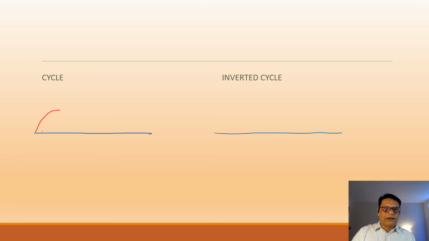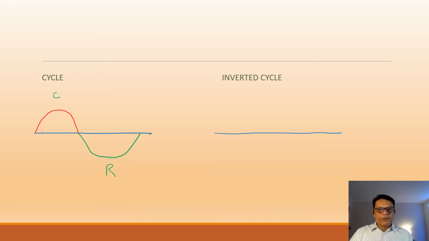Suppose this is a cycle. This is the area of compression, and this is the area of rarefaction. One compression and one rarefaction is called one cycle.